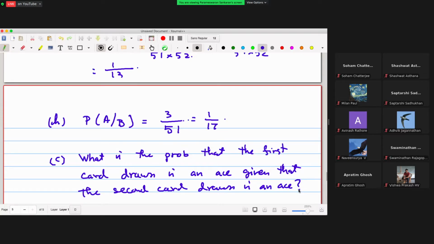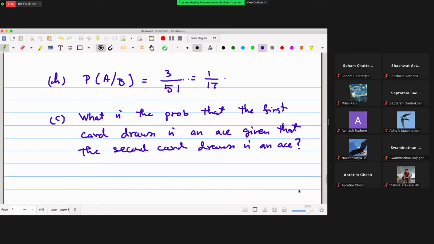Okay, let's do this. Probability of, so this time you want to know B given A, suppose. The second card drawn being an ace is the event A. Okay. Well, we know how to do this.